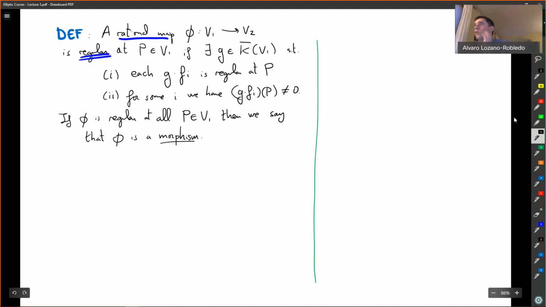Okay, so let's go through an example together of a map. So here is a rational map. I'm going to go from V1 to V2.